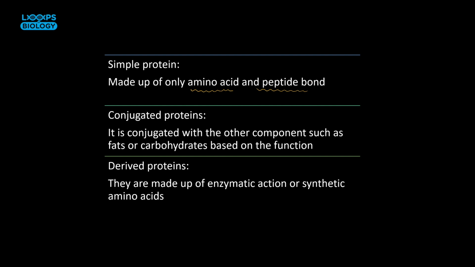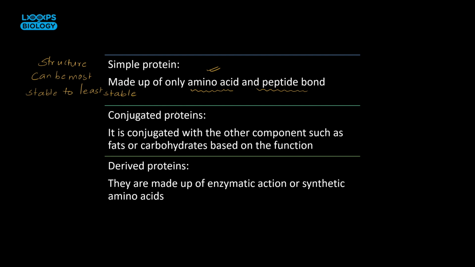It can be primary, alpha helical, beta pleated sheet, tertiary or quaternary, so from most stable to least stable. But the type is only made up of amino acids. There are no extra additive moieties present inside the structure, so that's why they are called simple proteins.